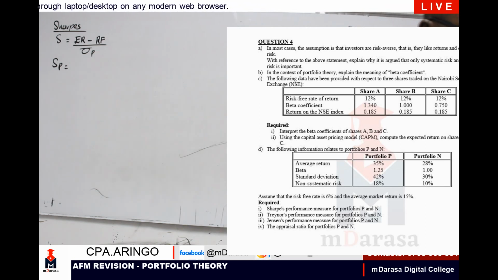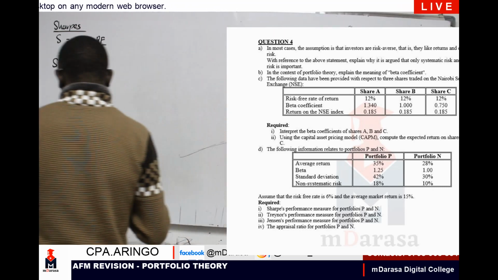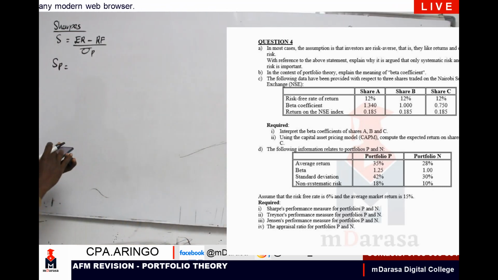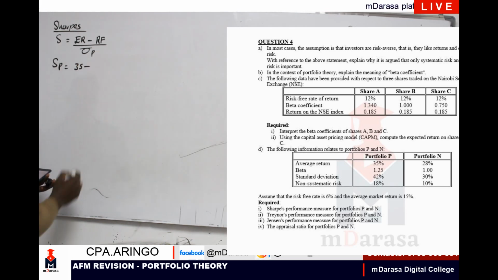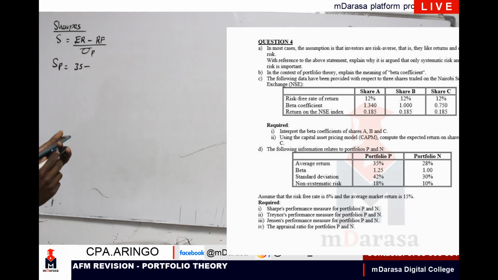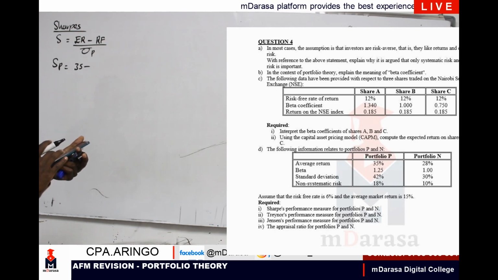So for security P, I'll be having the expected return of security P. We are given what value there, my good students? If you can check the expected return, that is the average return of security P, I'm given 35%. So literally we're having 35 here minus risk-free. A good examiner had given us risk-free of 6%. If you can check our question there, you're given 6%.